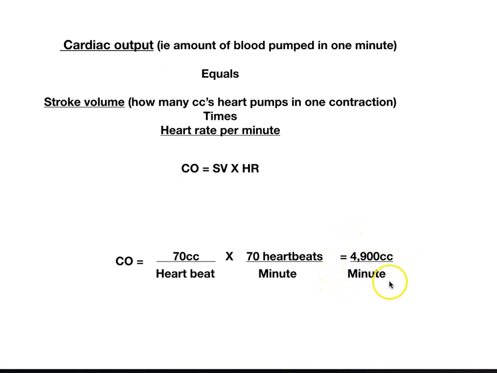That is your cardiac output. So your cardiac output in 1 minute, on average, at rest, is 4,900 cc's. That is how much your heart is pumping in 1 minute.